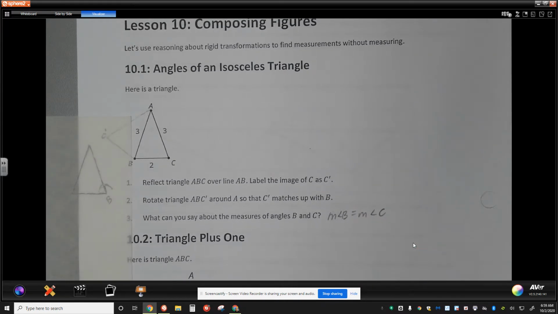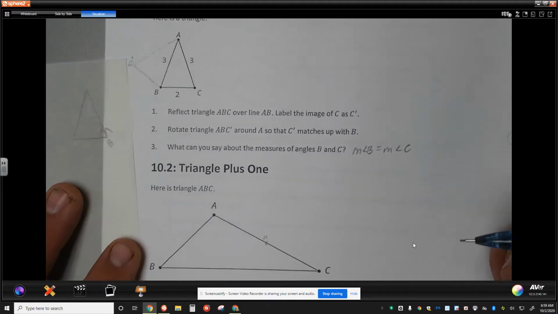We recognize that under rigid transformation, the angle measures are preserved under that rotation.